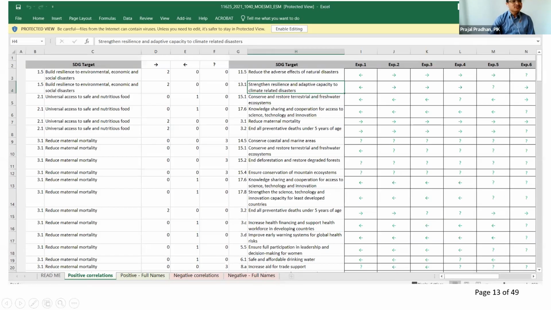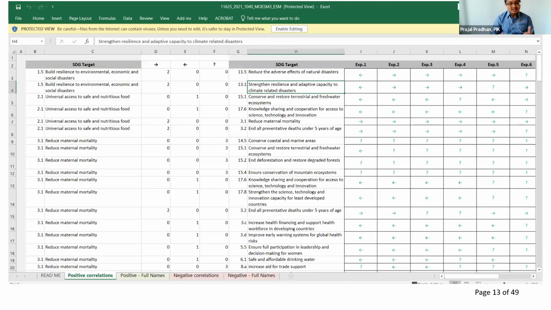For example, here, build resilience to environmental, economic, and social disasters, we see a positive correlation with reduce the adverse effect of natural disasters, yeah, and we asked which direction it would go. Will reducing the adverse effect of natural disasters have a positive impact on, let's say, 11.1, or will 1.5 have a positive impact, or is it the other way around, or will they not see any direct connection, because correlation doesn't mean causal analysis, and there might be other factors behind this.